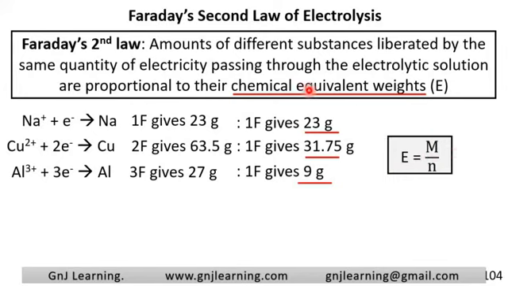So in Faraday's first law, the constant Z in terms of Faraday is the same as the chemical equivalent weight in Faraday's second law. We can assume it like that, though it is not there for you to study. Just an interesting fact that I want to point out.